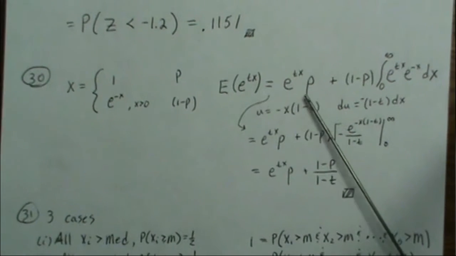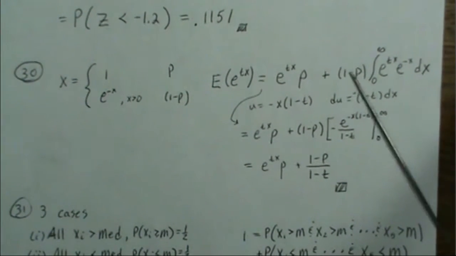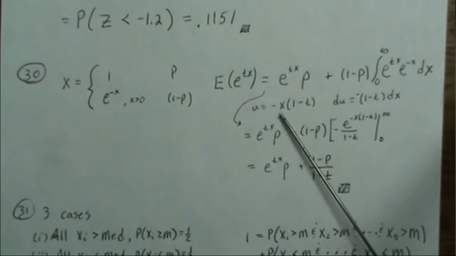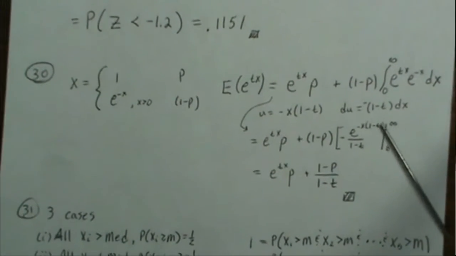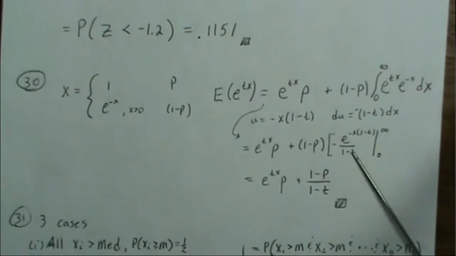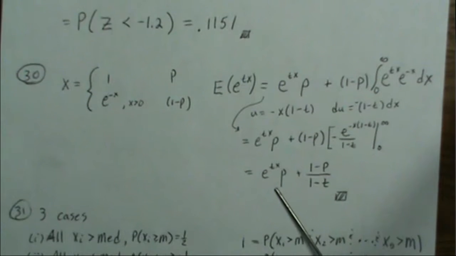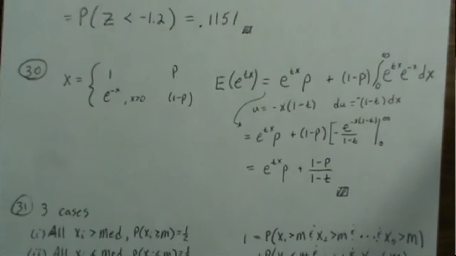So it's e to the tx times p plus 1 minus p integrated over the density. So here, I make a u substitution and bring this down, and that simplifies to this, plug in the limits of integration, we get this, and that's one of the answers.